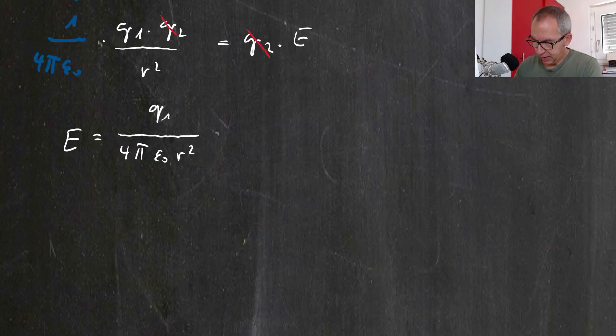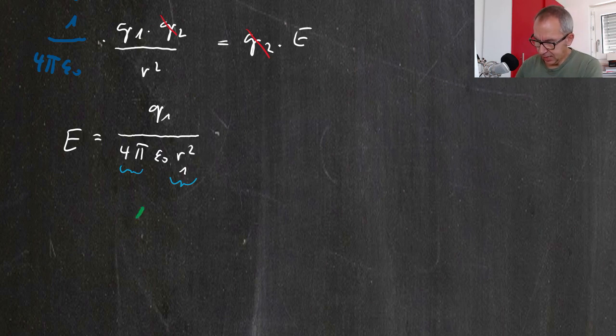So we can put this in here to be r1, and we can now have a look and think about what is 4 pi r squared on a surface.